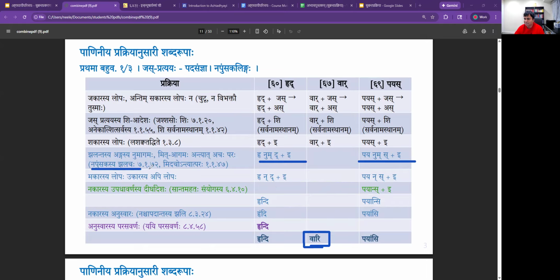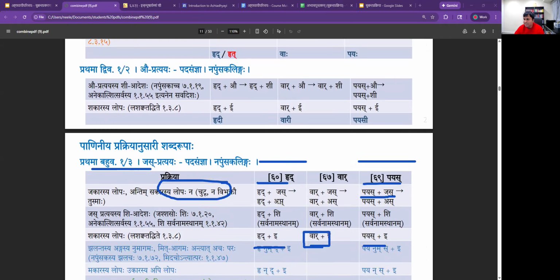So makarasya ukarasya api lopah bhavati. And again, because of the sakar of payas, we see santamahata sanyogasya application being here. So there is a dirgha. Payansa adhikam e. So hrindi, payansi, then nakarasya anuswara, hrindi, payansi, punah hrindi, vari, payansi bhavati.